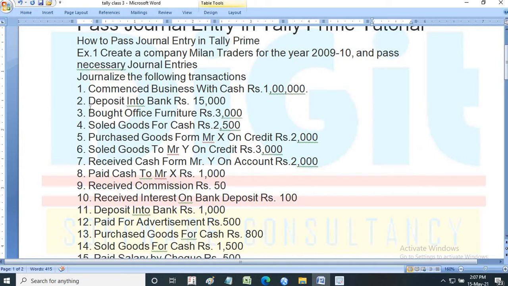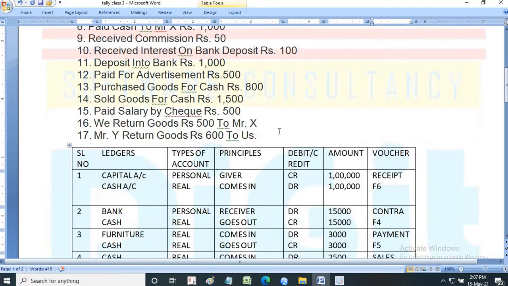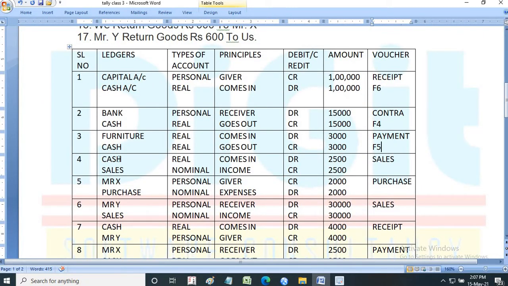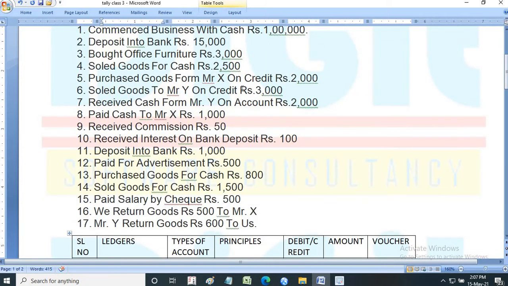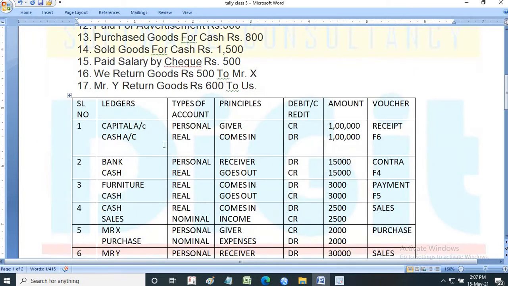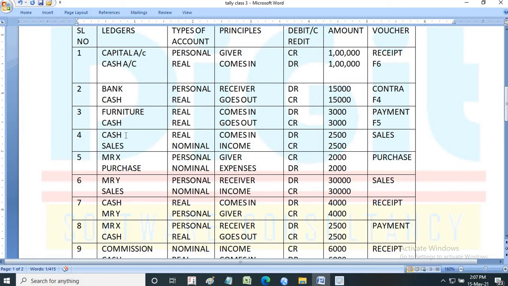Next, sold goods for cash, 2,500. Here the ledgers are cash and sales. I already told you there is a standard for making ledger names. We cannot make a ledger name as "sold." For selling, the ledger involved is the sales account only. So we will create a sales account and a cash account.